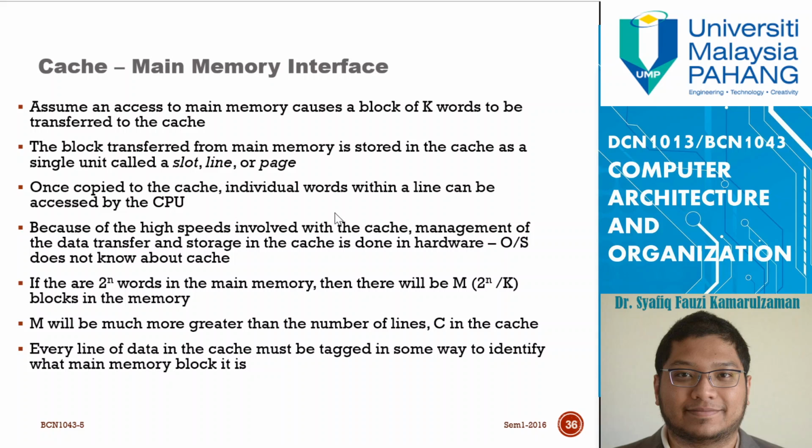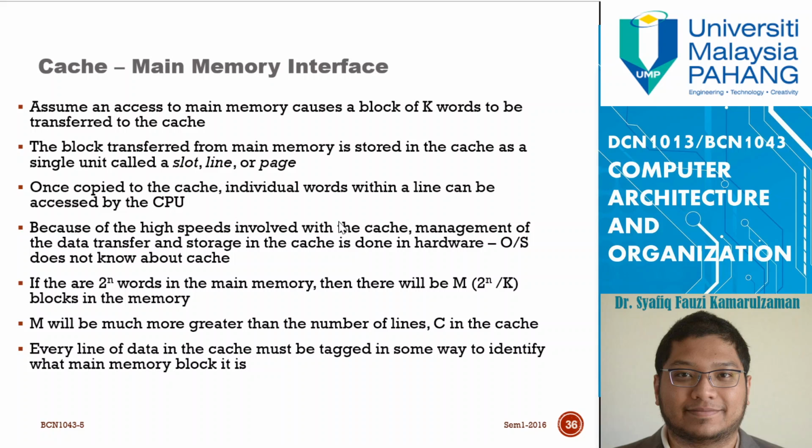The block transferred from main memory is stored in the cache as a single unit called a slot, line, or page. Once copied to the cache, individual words within a line can be accessed by the CPU. It means that from main memory, they transfer one block into the cache memory, and from the cache memory, line by line will be inspected by the CPU.